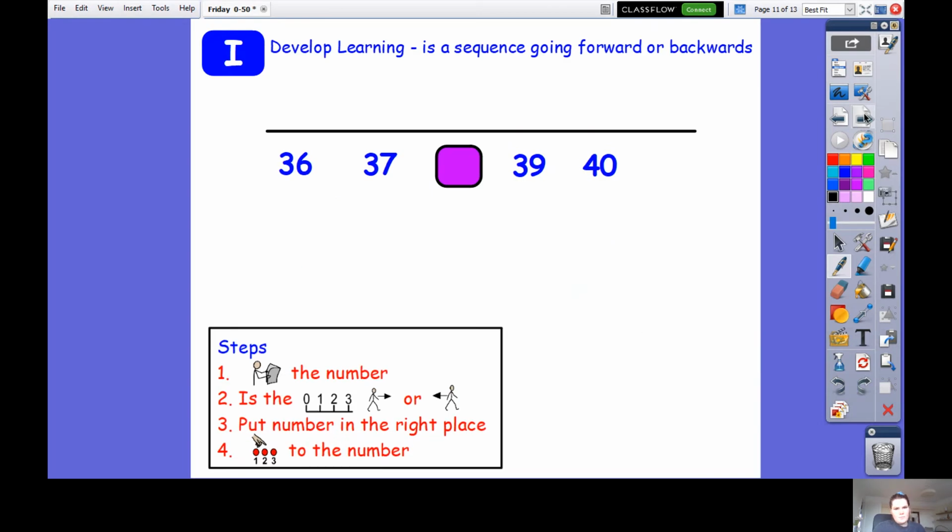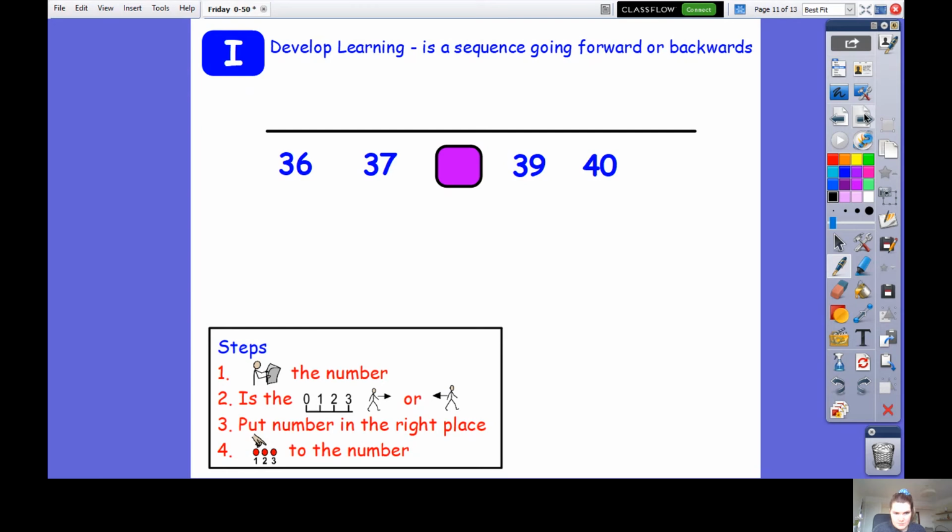Okay, so we know how to put these numbers in. So what happens if we're moving forwards or backwards? How do we know that our number line is moving forwards or backwards? What can I do?